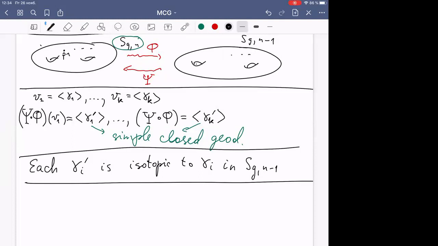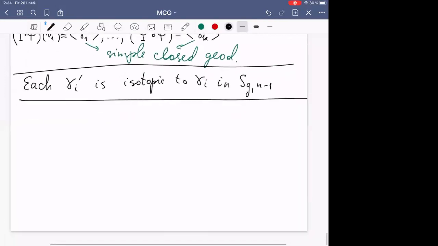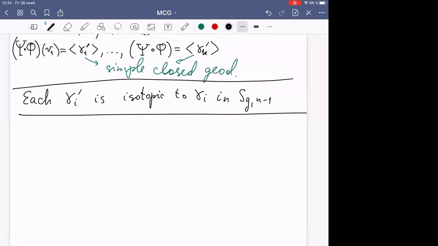However, they may not be isotopic in the initial surface SGN. But okay, let us look at this isotopy in more detail.